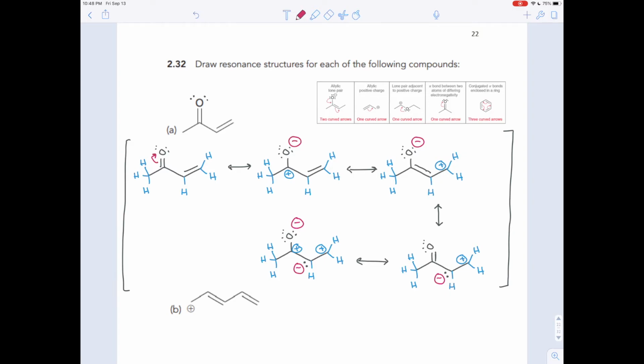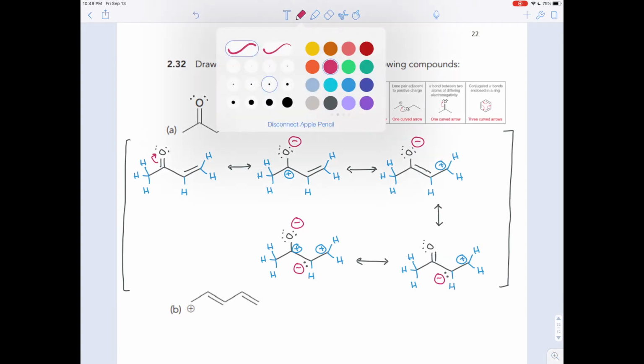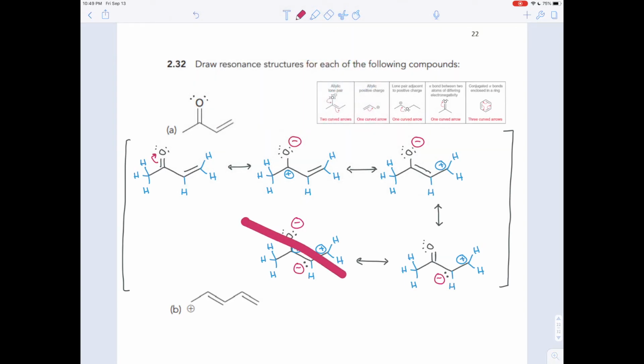The more charges you have in a resonance structure, the less significant it is. So for example, the last structure that we drew is not particularly significant.